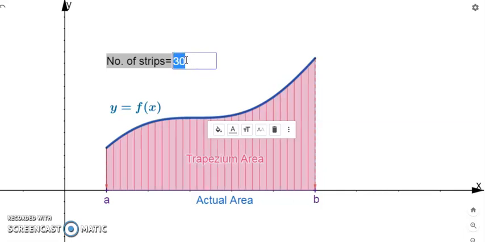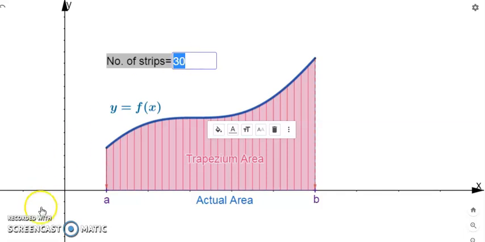You can see that the trapezium area almost merges with the actual region. This is the idea of the trapezoidal rule, where we use many strips of trapeziums to approximate the area of the region under the curve, which corresponds to the definite integral that we want to calculate.